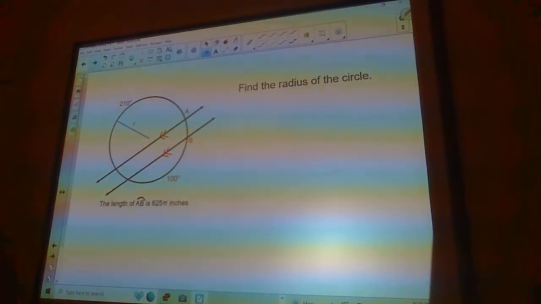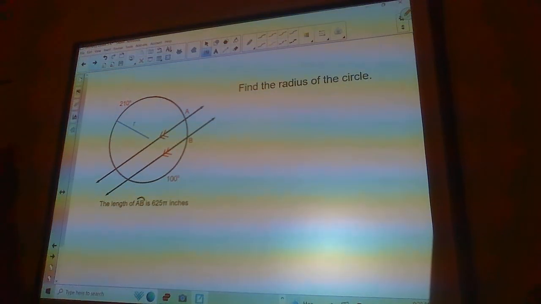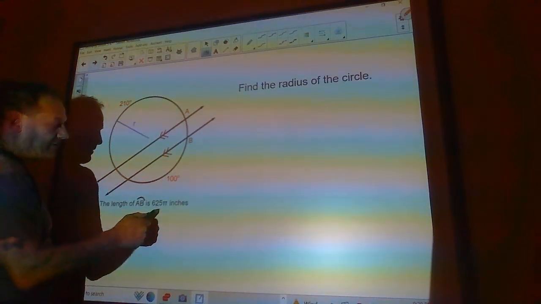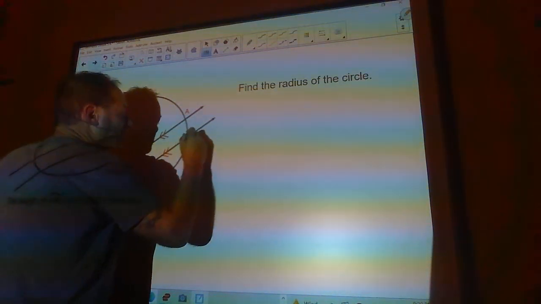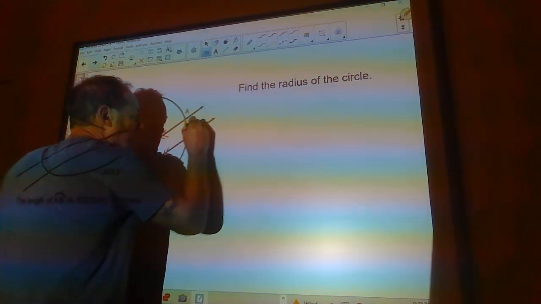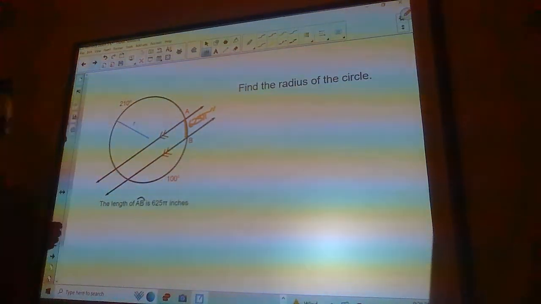All right, here's an interesting one. Find the radius of the circle here. Now, you might say, well, there's no connection to the radius, but there is. Okay, so what do they give you? You've got to look down here, and you see, hey, arc AB is 625 pi inches. So this arc right here, 625 pi inches.